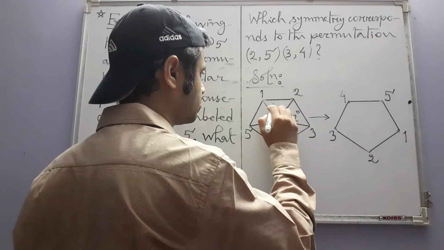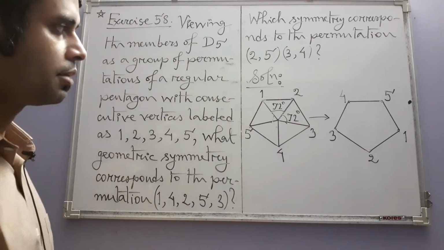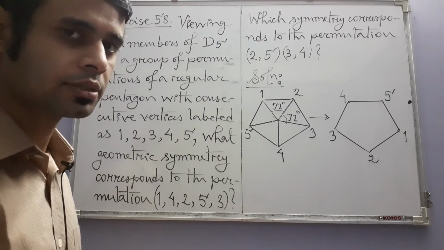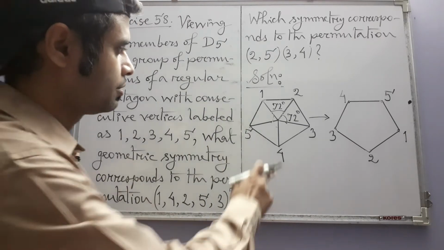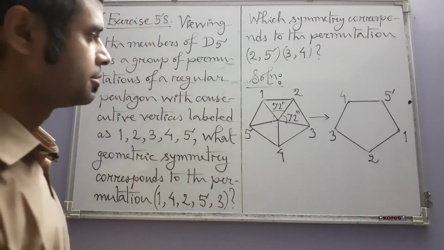And to find this value, you just have to simply divide a complete revolution, that is 360 degrees, by 5. That is because all the angles are equal, you get 72 degrees.